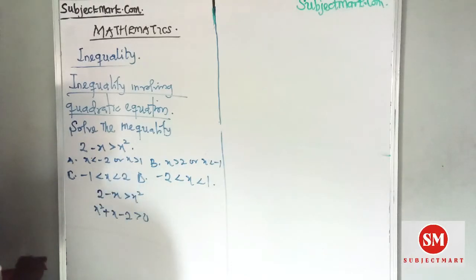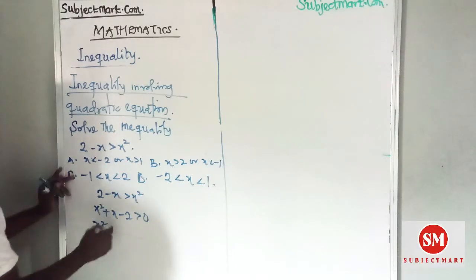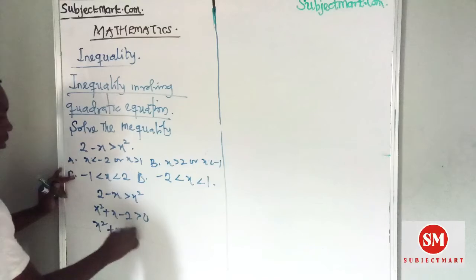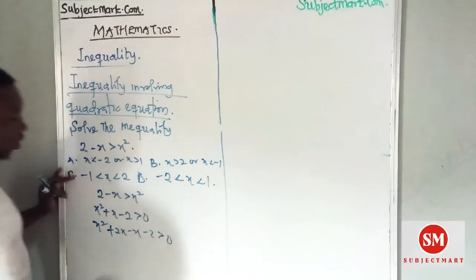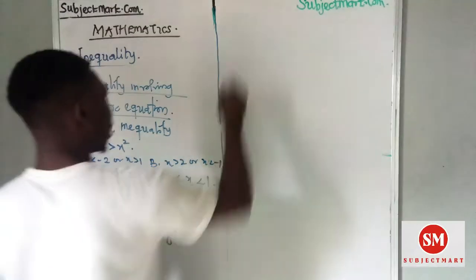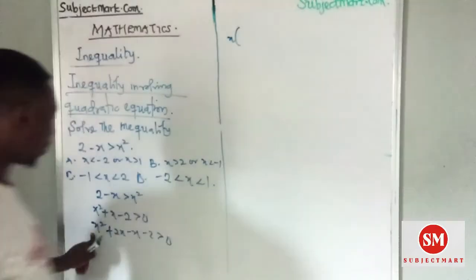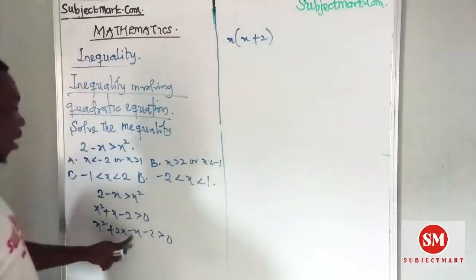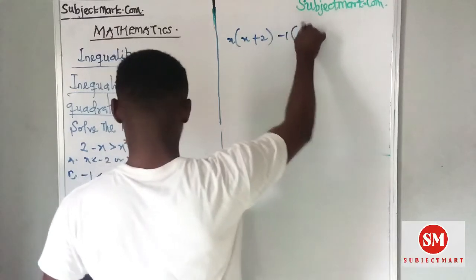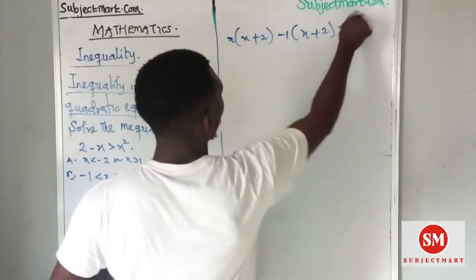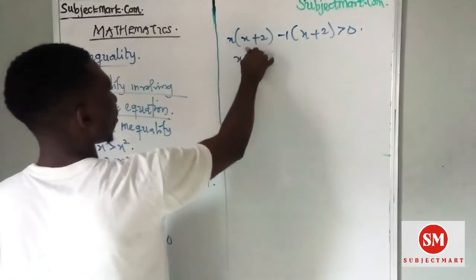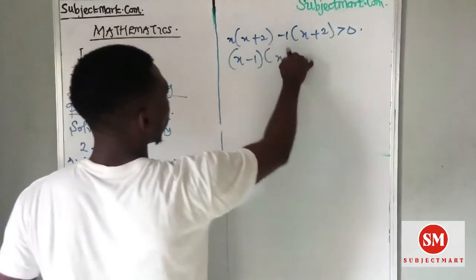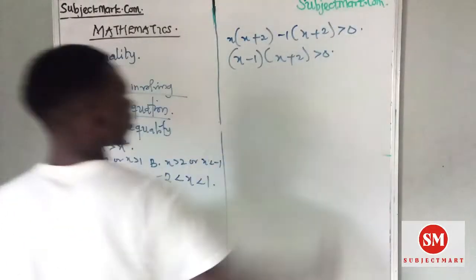So this then becomes x squared, getting the factors, x squared plus 2x minus x minus 2 is greater than 0. So with this, I can now factorize. Since x is common, bringing out x from here, I will have x plus 2. Bringing out minus 1 from here, I will have x plus 2 is greater than 0. So x minus 1 here, x plus 2 here is greater than 0.